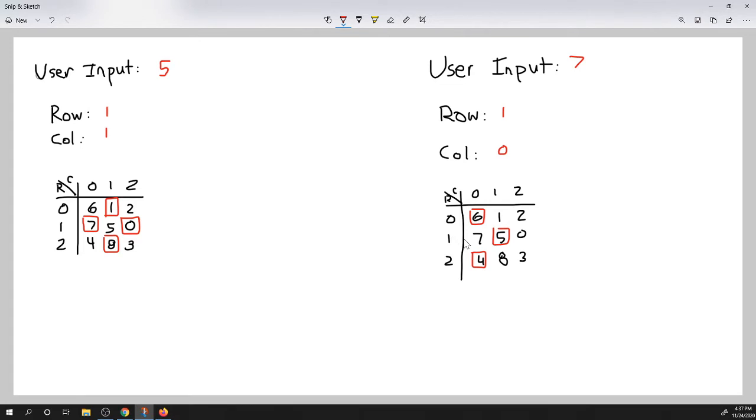But the minute you try to look at the one that's to the left, if you did the same thing you did over here and subtracted 1 from the column, you'd end up with -1 for the column, and that is not a valid column number, right? If you try to do that, your program's going to crash. So you would need to add some code in there and say, hey, if the row number or the column number is less than 0, then don't look that up.